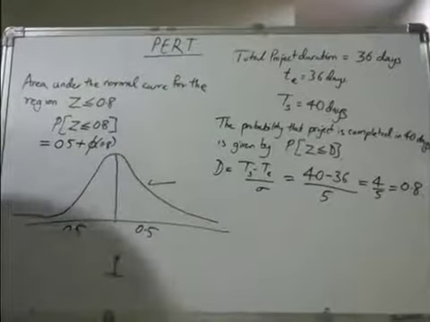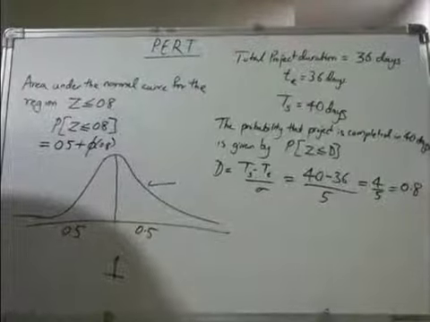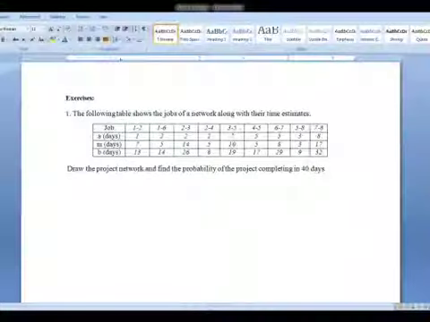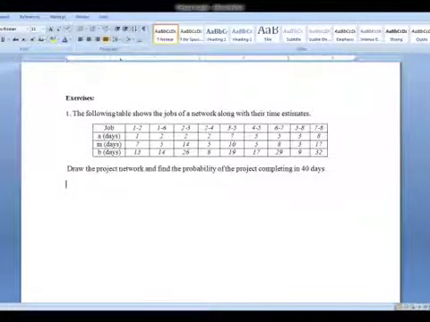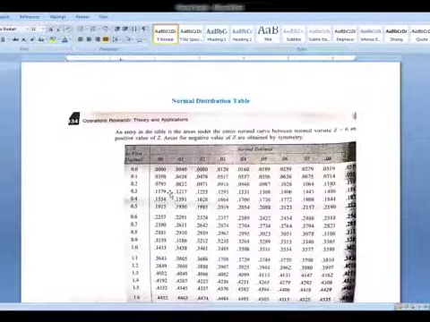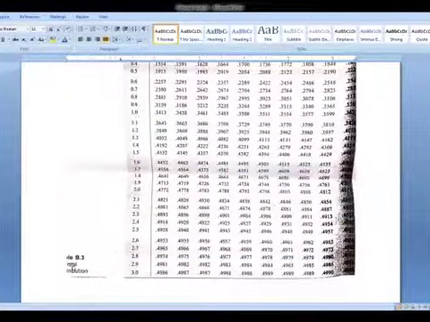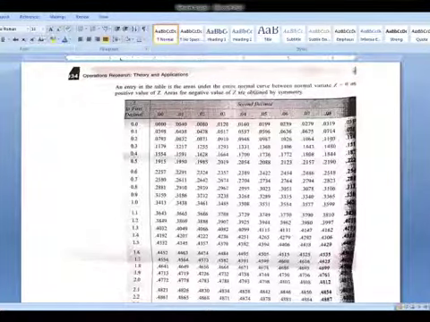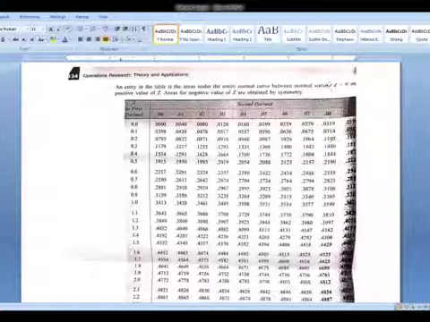Let us go back to see the table value. Here is the normal distribution table. It gives the areas under the normal curve between the normal variate z equal to 0 and a positive value of z. Areas for negative values of z are obtained by symmetry.